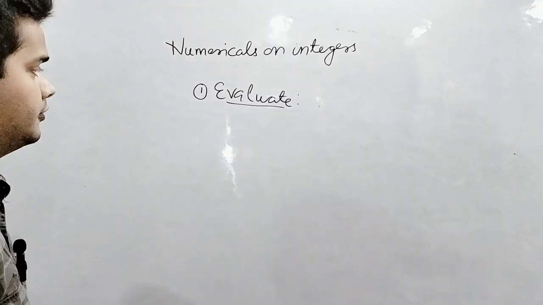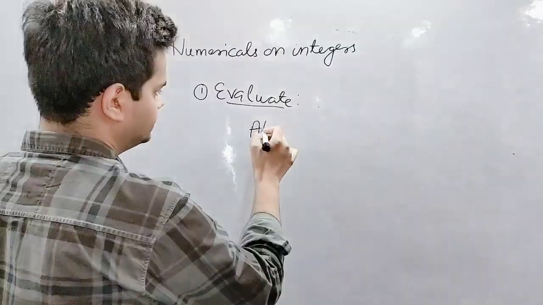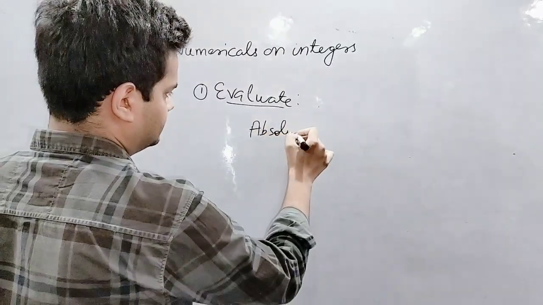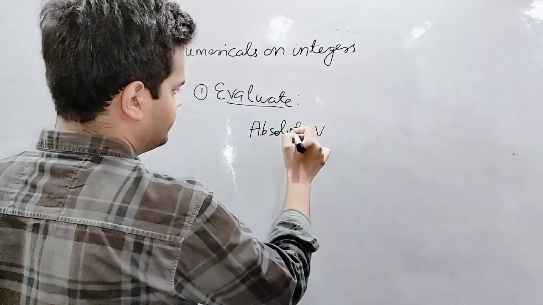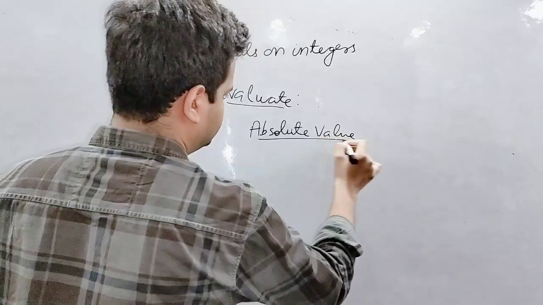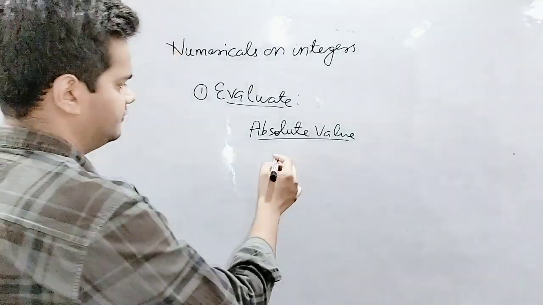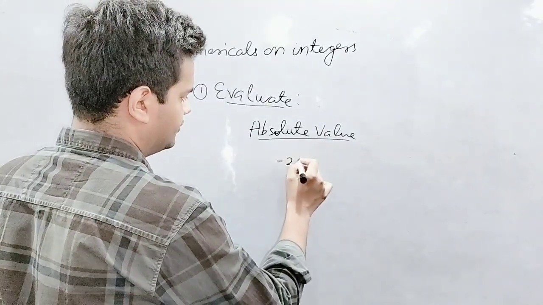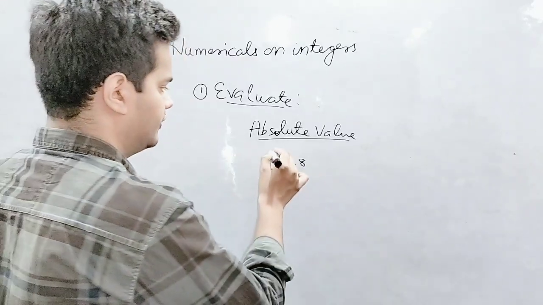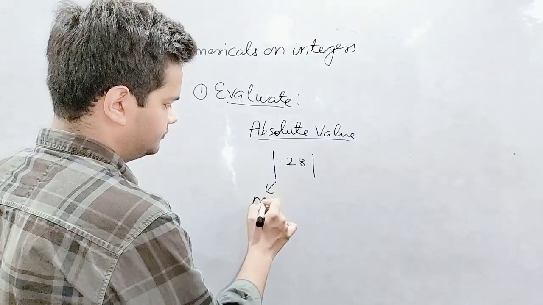Now, before moving further, you will learn about the absolute value of a term. Now what it is, like I have minus 20 and I want to find the absolute value, I will put the mod. This is known as mod.